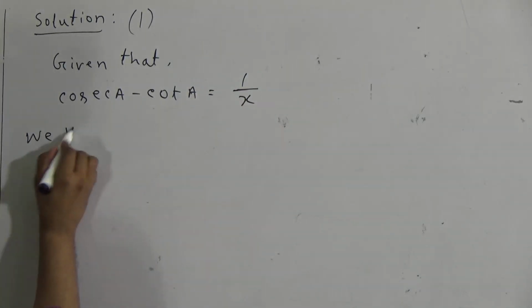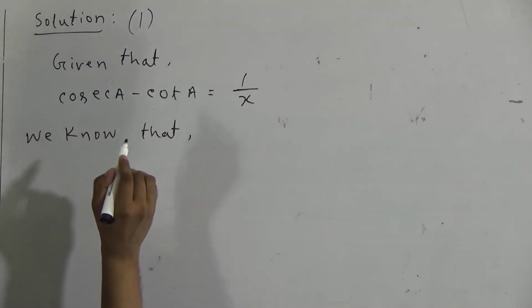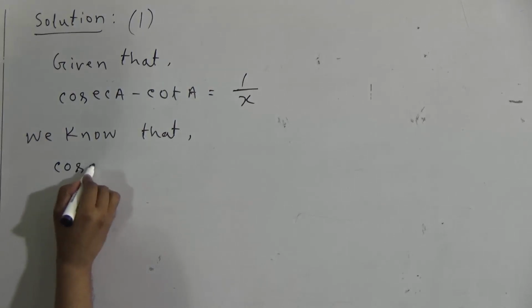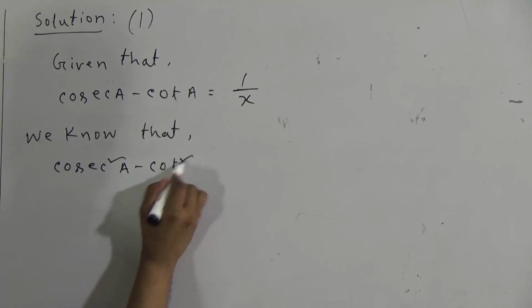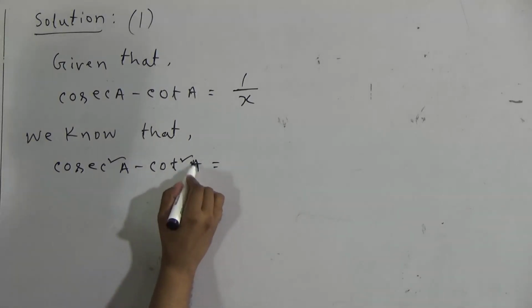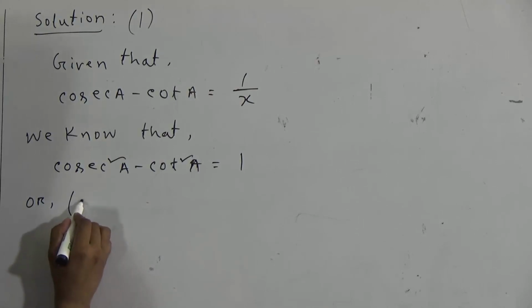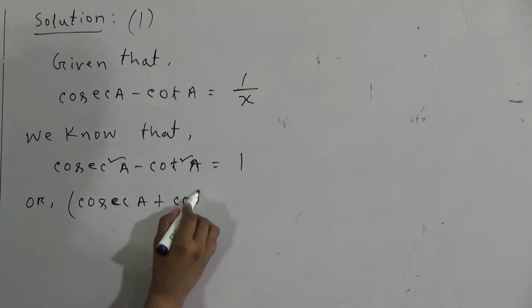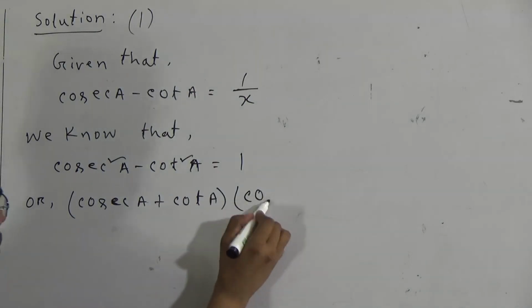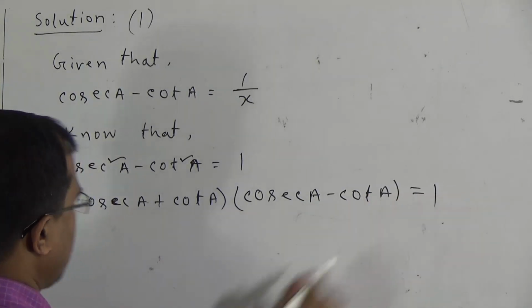Now we know that cosec square A minus cot square A is equal to 1, or here we will apply formula A square minus B square, then it will be cosec A plus cot A into cosec A minus cot A is equal to 1.